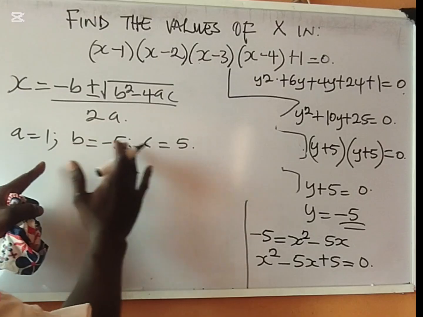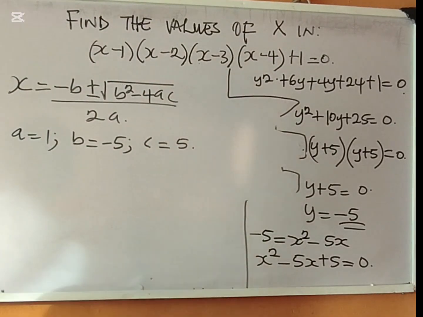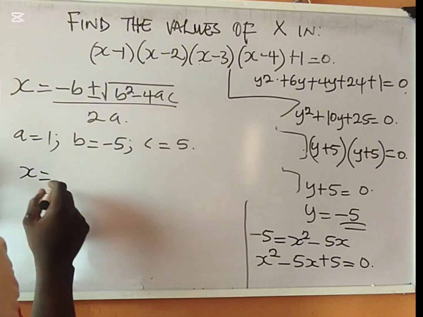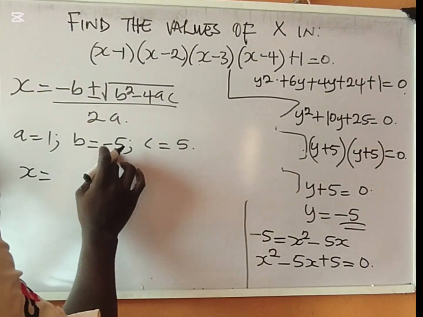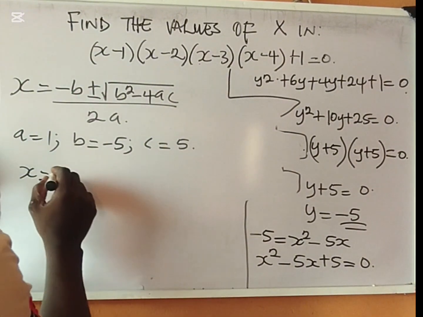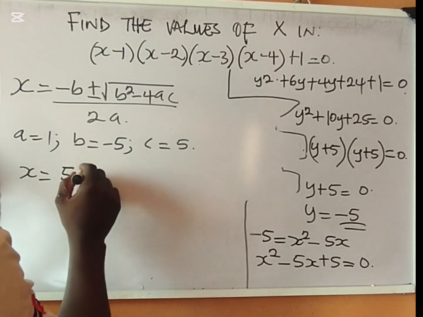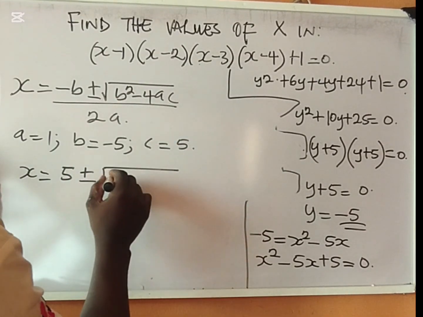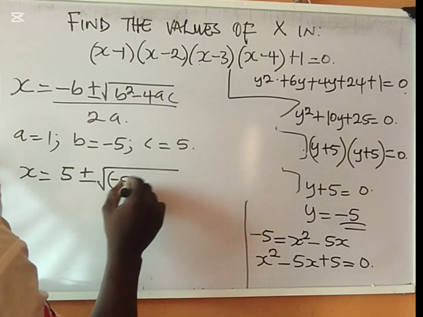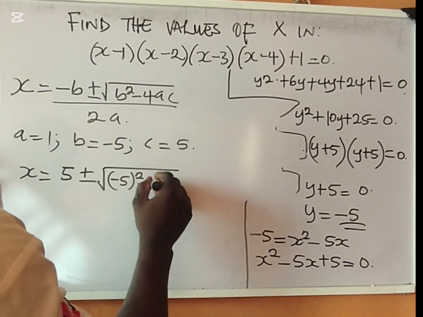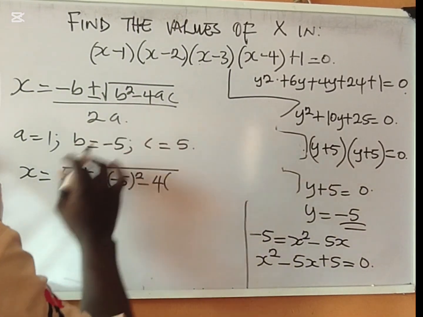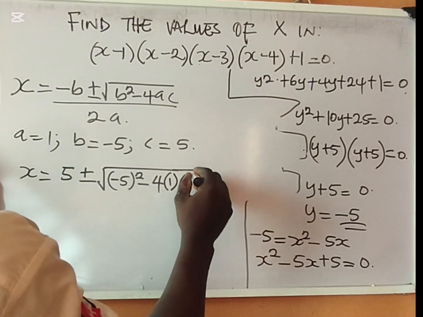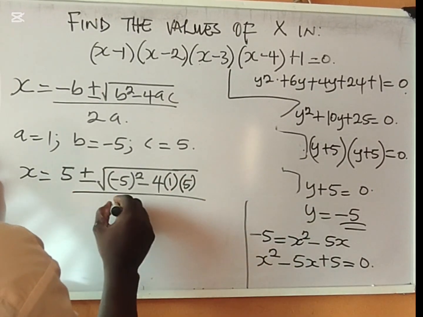So we are going to put in this value into our quadratic formula to solve for x. x will become equal to b is minus 5. If you bring it here, this becomes 5 plus or minus root of b squared will be minus 5 squared minus 4, a is 1 and c is 5, divided by 2.